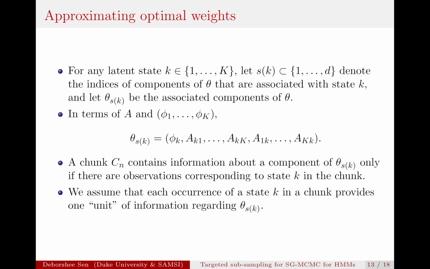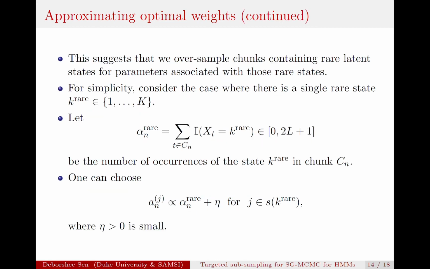If you don't have any observation corresponding to state 1 in the chunk, you're not going to get any information about, for example, the emission parameters for state 1 or the transition parameters from state 1, because you don't have observed state 1. So we just assume that each occurrence of state k in a chunk provides one quote-unquote unit of information. This is kind of a heuristic observation. This is not really anything formal or theoretical as yet. We're still working on that, but it's just something that we intuitively assume.